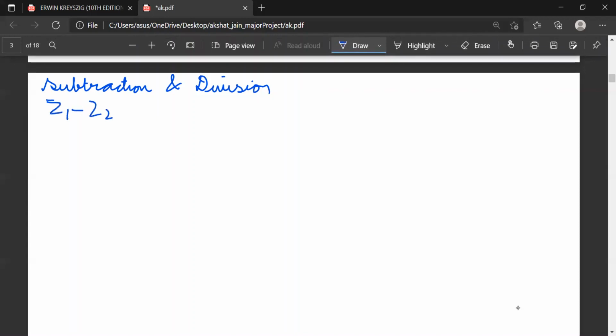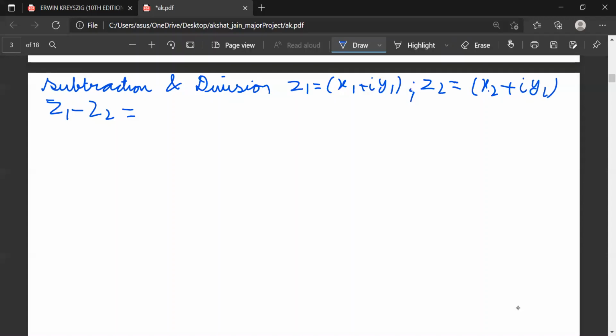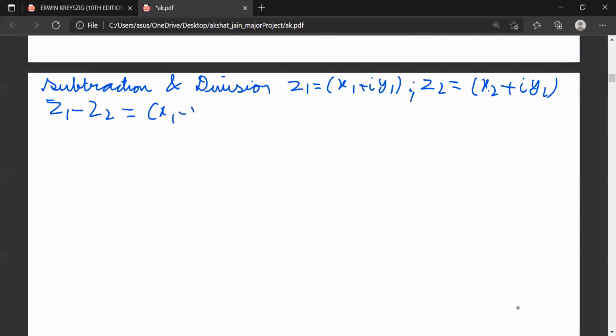We are taking it from the start that Z1 equals x1 plus iota y1 and Z2 equals x2 plus iota y2. So Z1 minus Z2 equals x1 minus x2 plus iota times y1 minus y2.